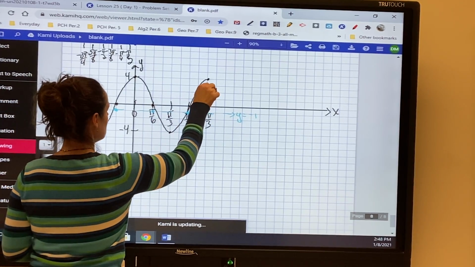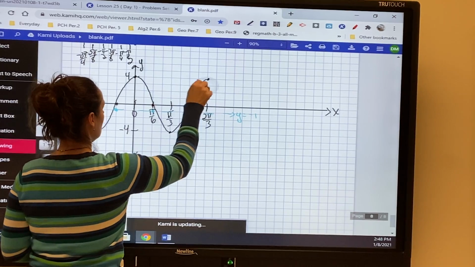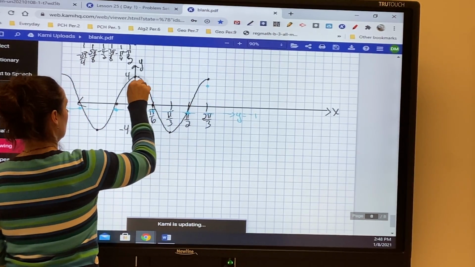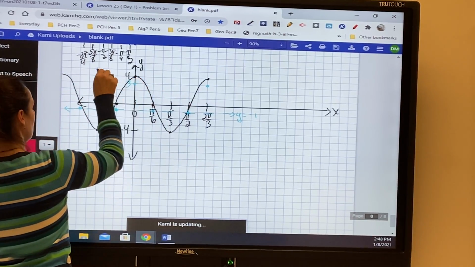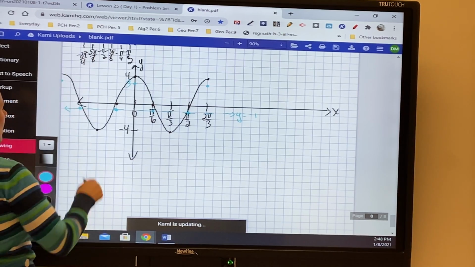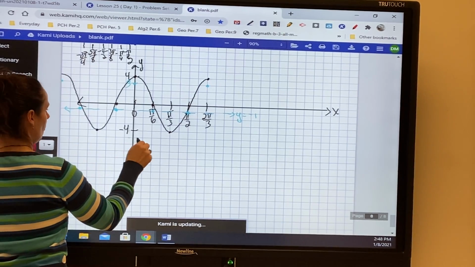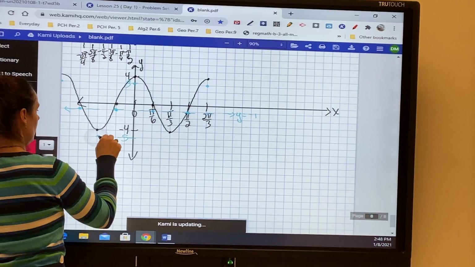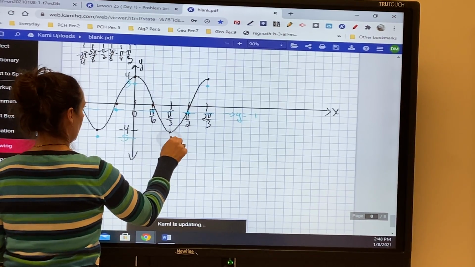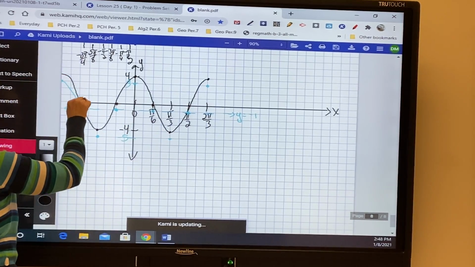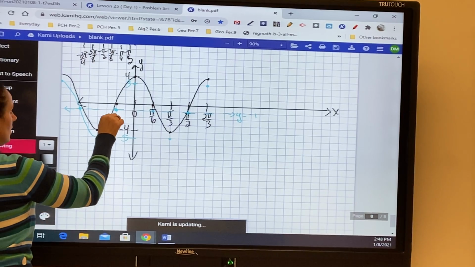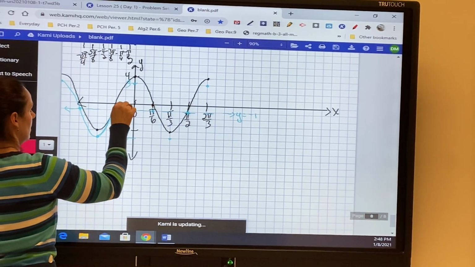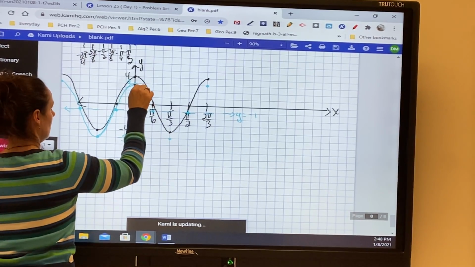And my maxes go from 4 to 3. And my minimums go from -4 to -5 because they go down 1. Okay, and then I'm just gonna connect here to here.